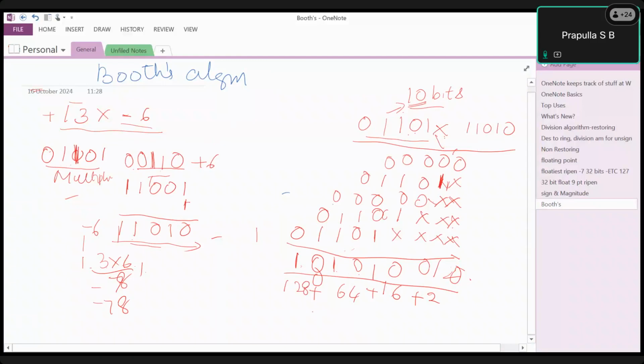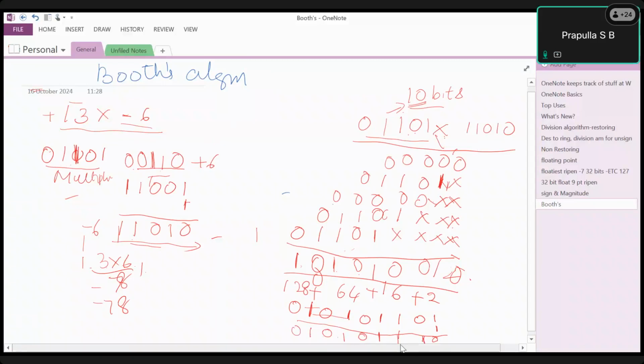So we'll convert and check whether it is correct. 0 1 0 1 0 1 1 0 1, and to this you add 1 to get the positive number. So this is 0 1 1 1 0 1 0 1 0, something you got.